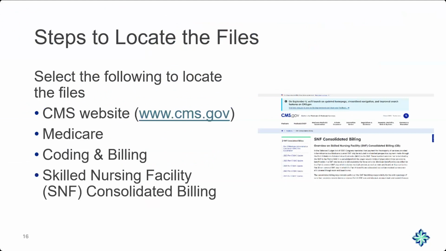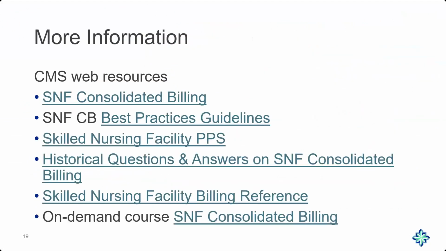There we go. I do recommend taking a look at all of these different pieces of information. Now, I will tell you the best practices guidelines. This page is designed to give you sample agreements between the SNF and other providers to make sure everything gets billed correctly, because it does affect the skilled nursing facility billing.